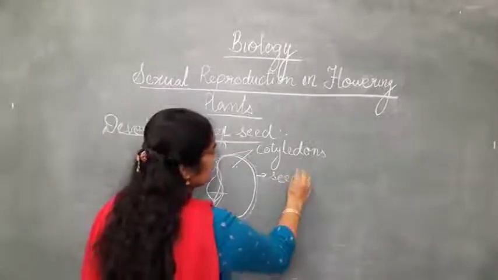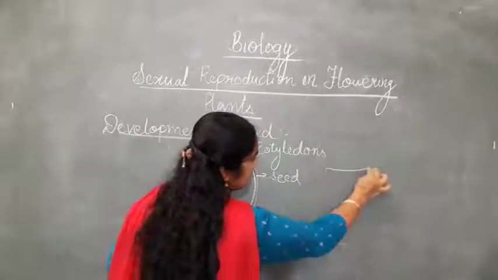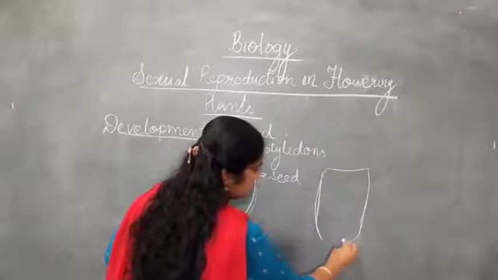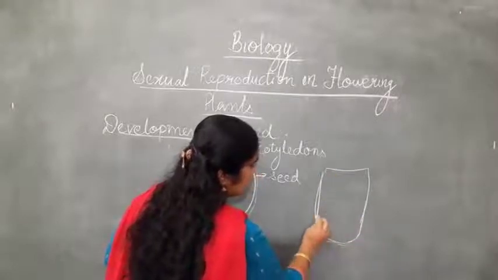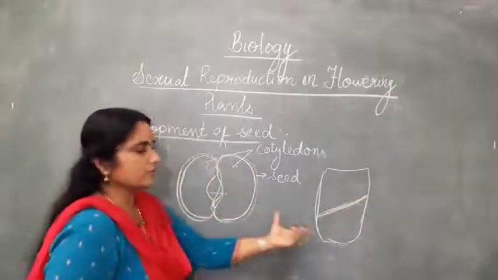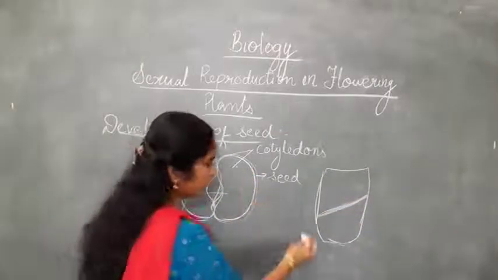Suppose in the case of a monocot seed like maize, I told you that in maize and all monocots, it is made up of only one cotyledon.